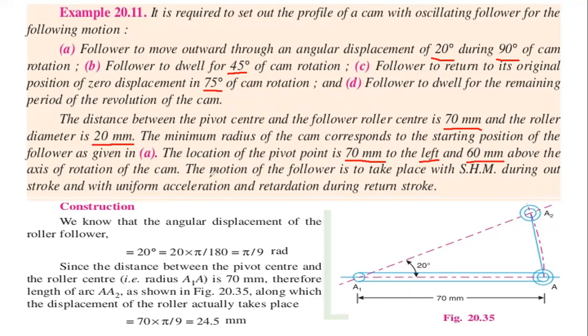The motion of the follower is to take place with simple harmonic motion during outstroke and uniform acceleration and retardation during return stroke.